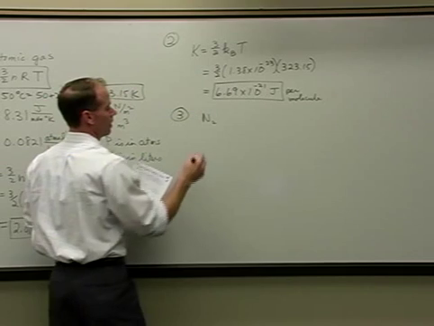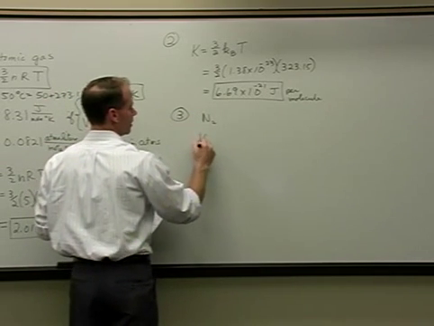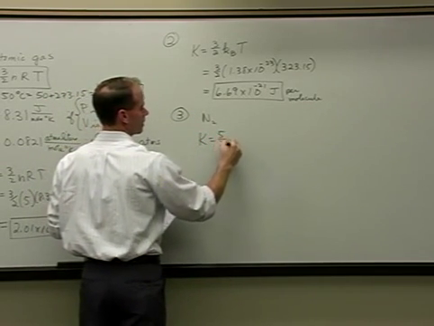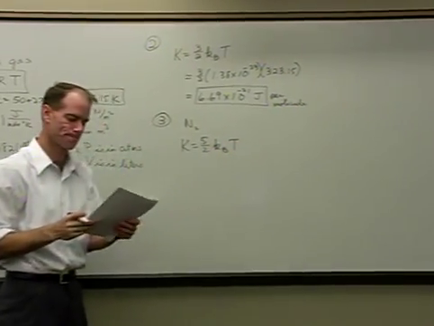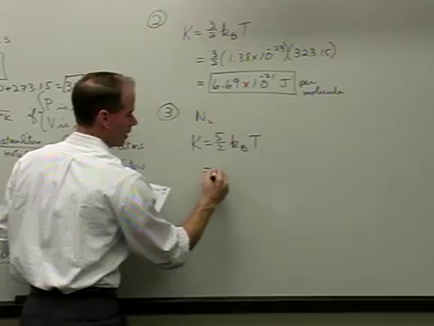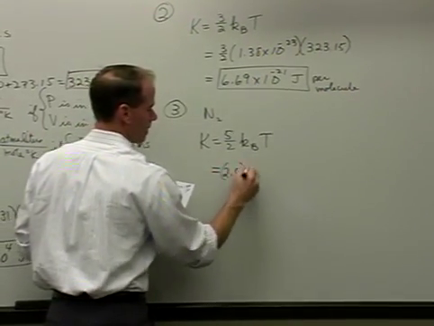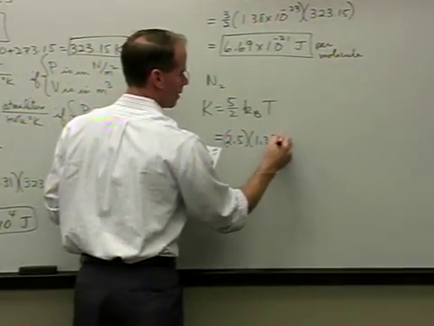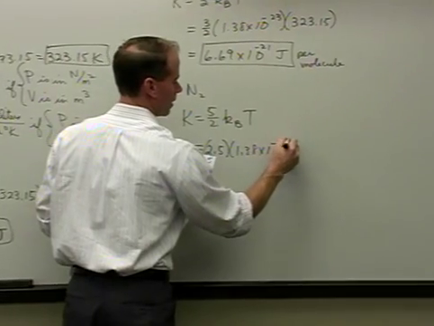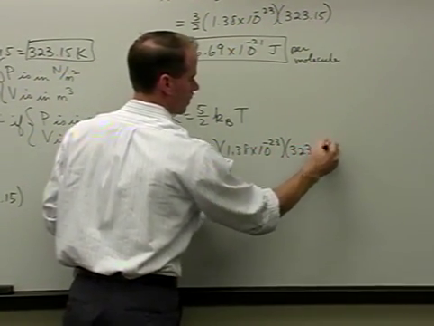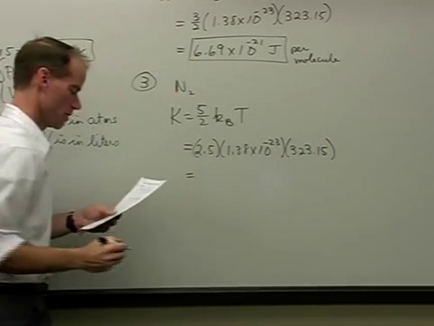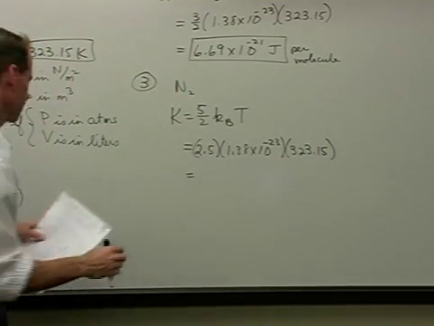And so for a nitrogen molecule, the kinetic energy would be 5/2 k Boltzmann times the temperature. And so this would be 2.5 times 1.38 times 10 to the minus 23. Oh, no, not the same temperature.